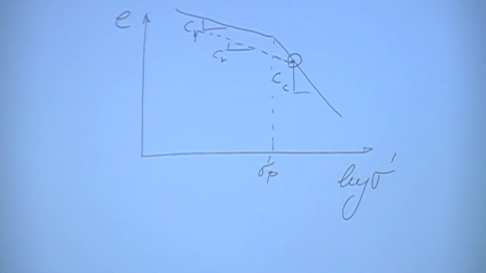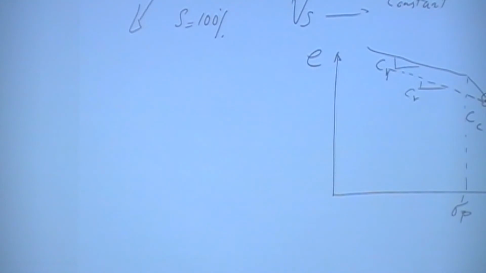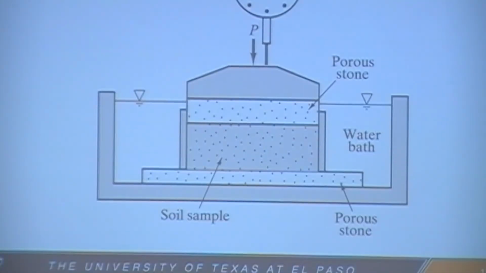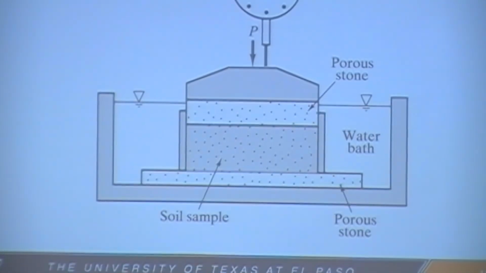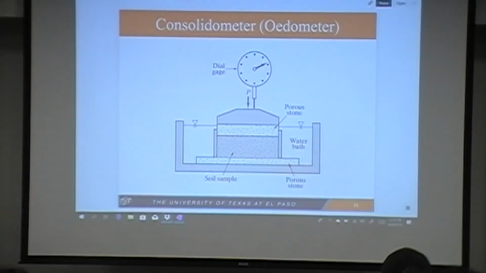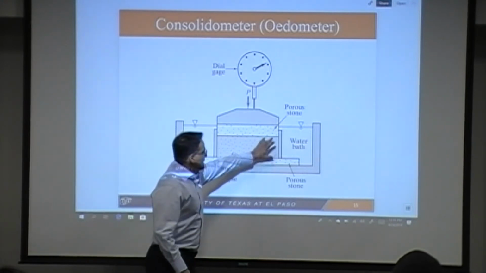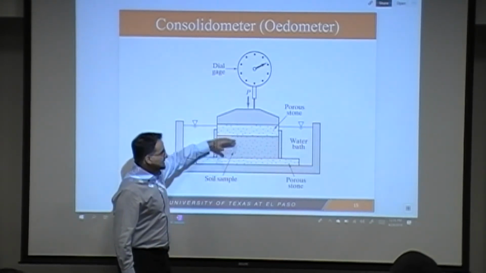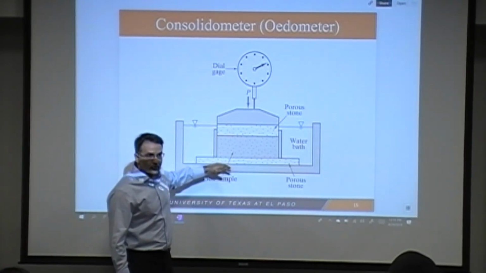Alright, so let's get into the process of testing and doing the quick calculations of settlement of the soils. Alright, so this is my consolidometer that I showed you, or oedometer. An oedometer, as you can see, consists of a water bath, and this is your soil, and it is sandwiched between two porous stones.